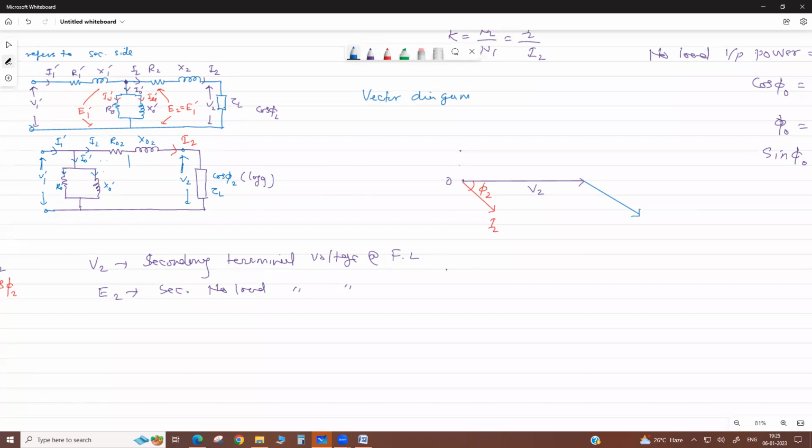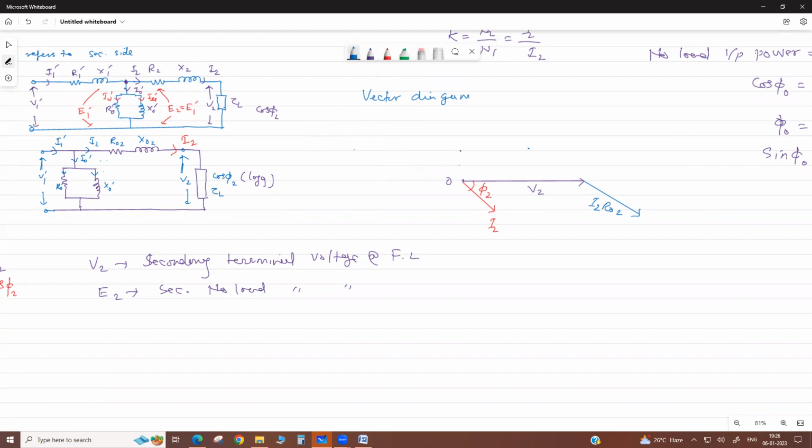They are in phase: the current and this resistive voltage, I2 R02, which is VR. But the drop in reactance is perpendicular to the current. With a resistance and an inductor, VR and VL are perpendicular to each other.